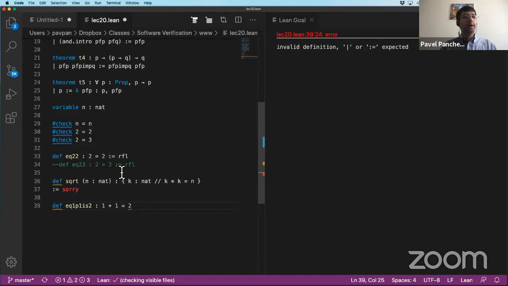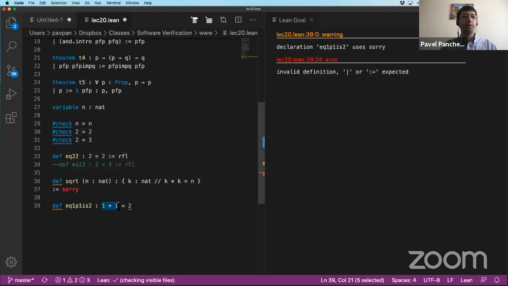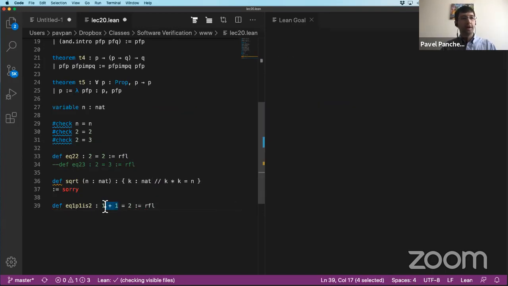It might seem like the only way I've told you we can prove stuff is if two things are the same. And 1 + 1 is, of course, the same thing as 2, and Lean knows that as well. So I can write down reflexivity here, and it'll automatically compute that.